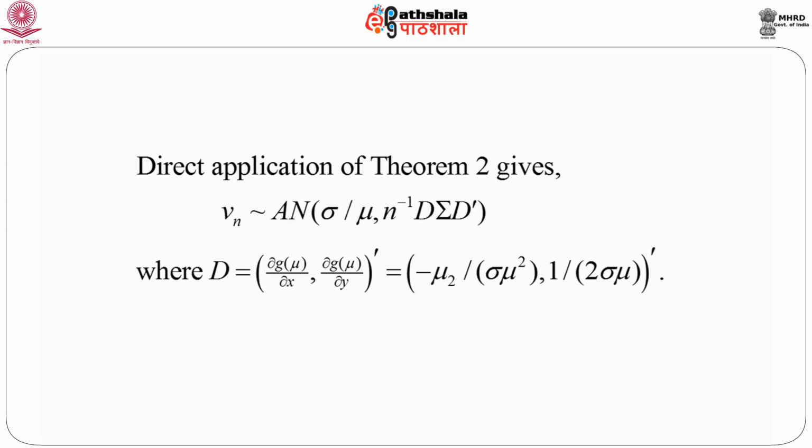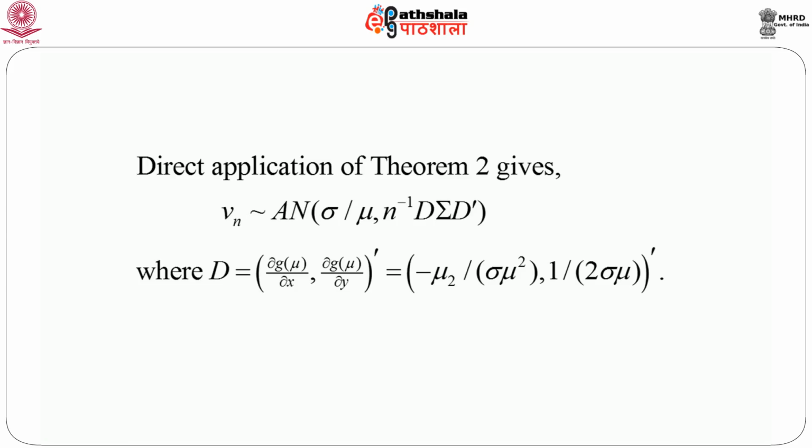Now, it is important to note two things. The first thing is that this asymptotic mean, sigma by mu, is nothing but the population coefficient of variation, and Vn is the sample coefficient of variation. So, when the sample size is large, we can have a feeling that the sample coefficient of variation will be very close to the population coefficient of variation, or that its distribution should be around the population coefficient of variation, which is in fact true.